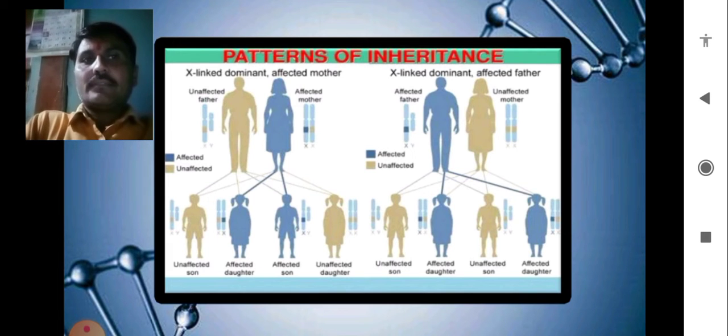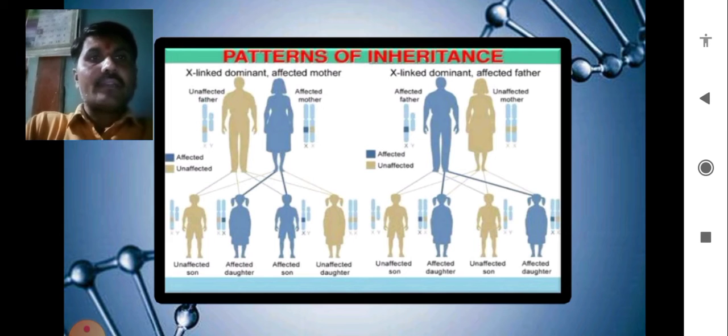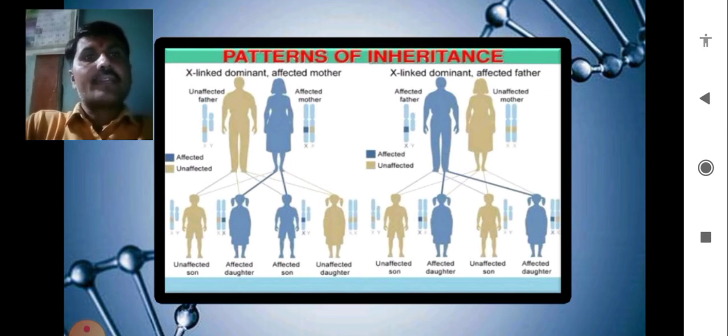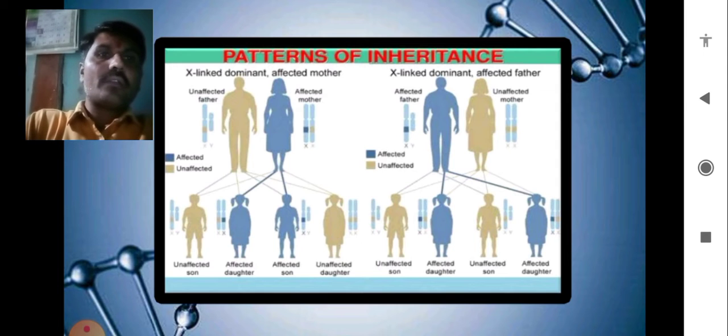But when the father is normal and the mother is affected, then the son will be unaffected and the daughter will be affected. So on to the next one, the X-linked dominant one.